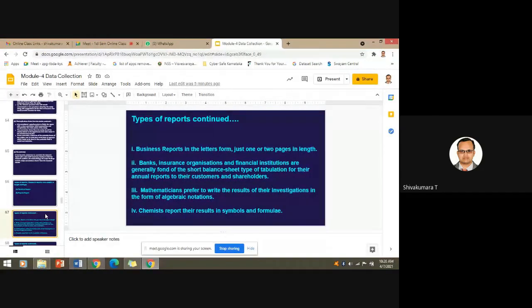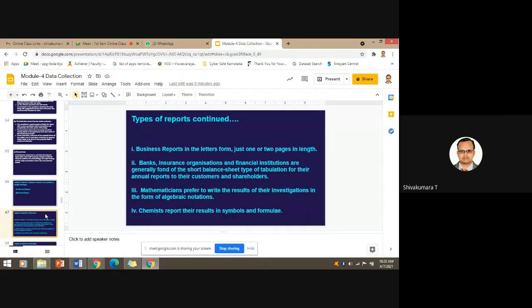The second kind of reports: banks also generate reports, like balance sheets, assets and liabilities. That's also a report type. Insurance organizations report how many people applied for claiming insurance, how many claims are settled in this quarter, month or half year.